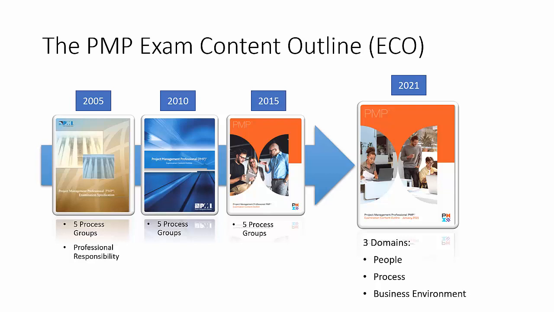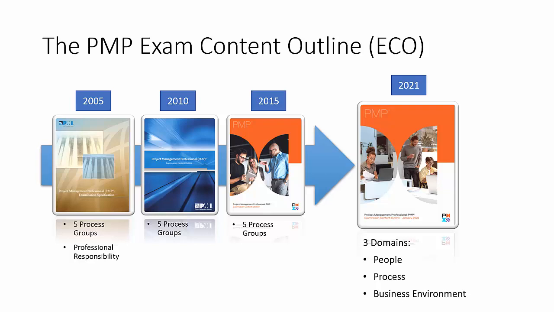It is not the same shift as there's been in the PMBOK, though there are some overlaps. So there is some confusion there. The important thing is that you remember the exam is not based on the PMBOK, it's based on what the exam content outline says.